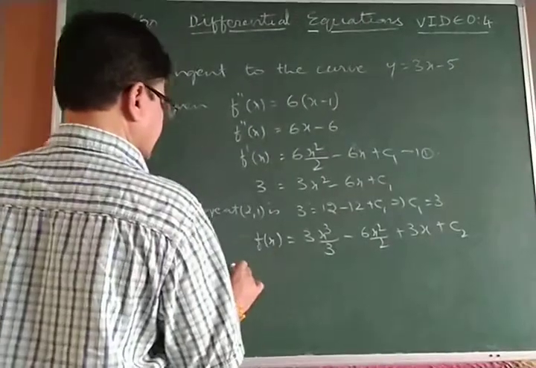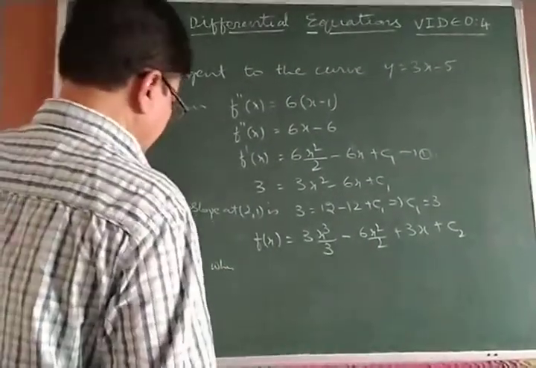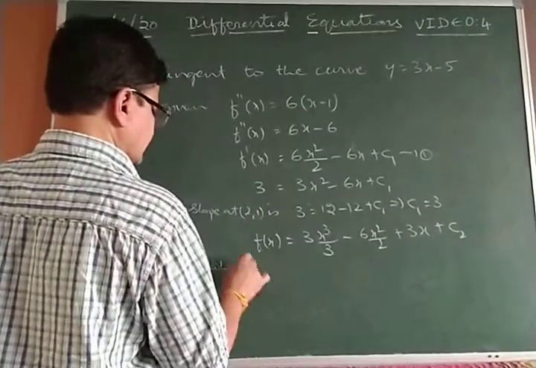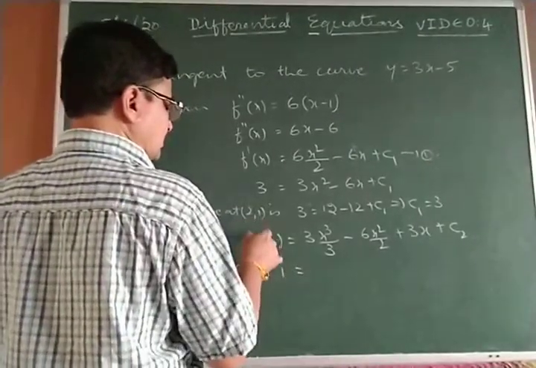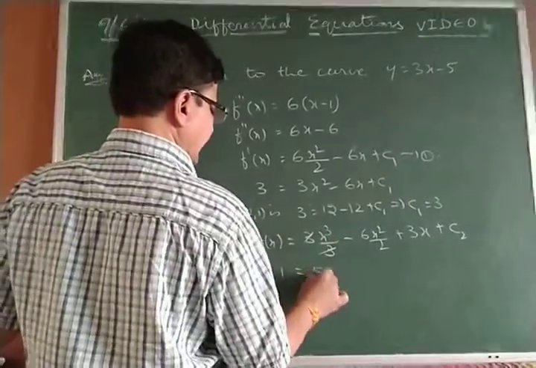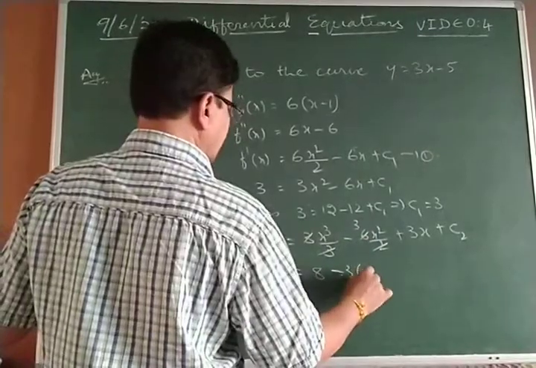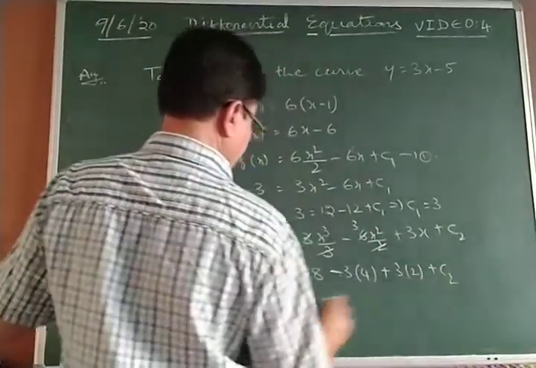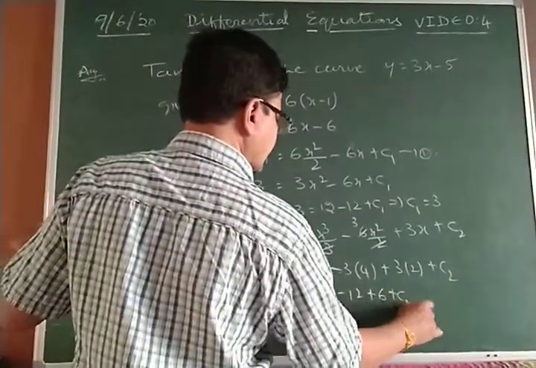So when the point is (2, 1), f(x) means y, where y is 1, is equal to x³ means 8, minus 3 into x² means 4, plus 3 into 2, plus c2. So 1 is equal to 8 - 12 + 6 + c2.